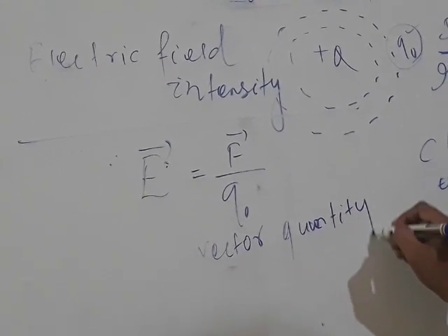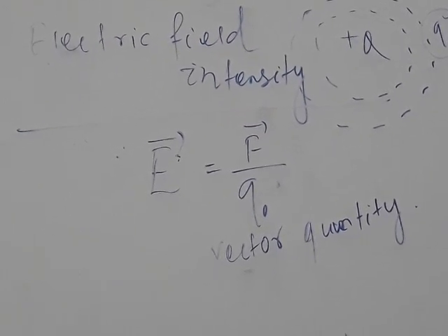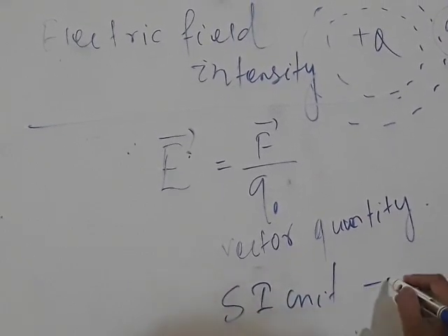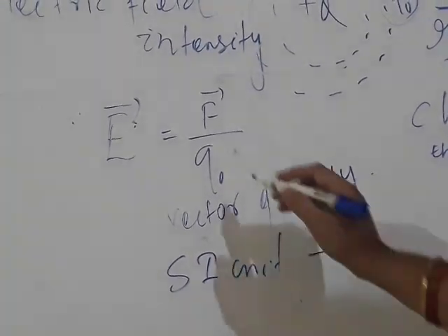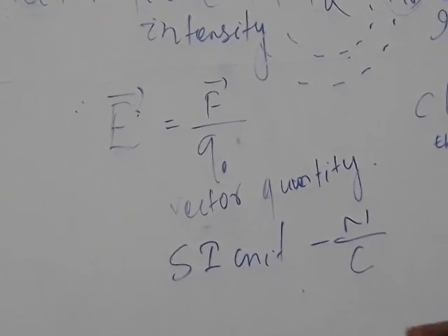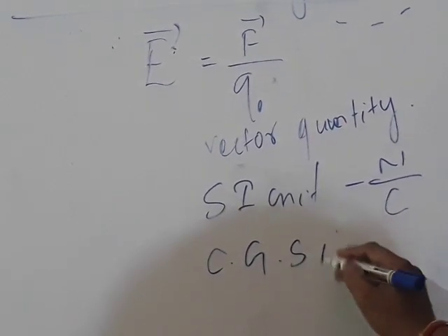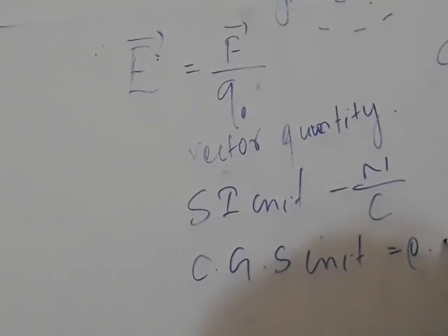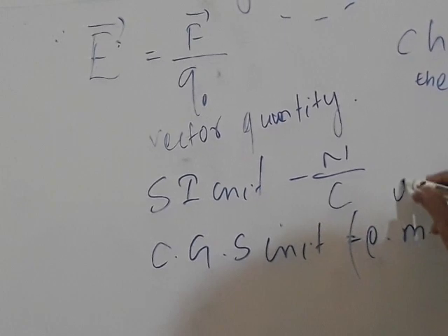Then we have to know the unit of electric field intensity. The unit of force is Newton and charge is Coulomb, so the SI unit is Newton per Coulomb. In CGS, two types of systems are there, EMU and ESU.